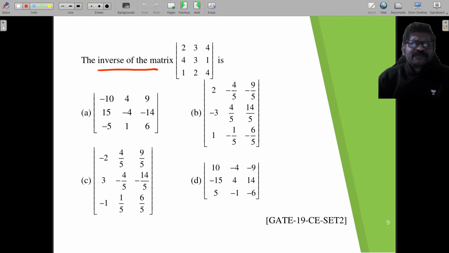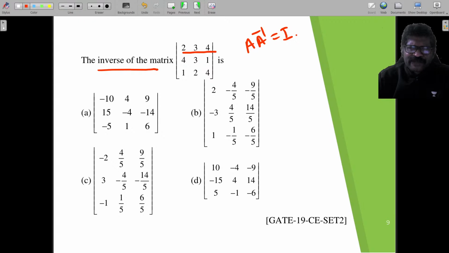Next, the inverse of the matrix 2 3 4, 4 3 1, 1 2 4 is... Whenever you are going to find inverse by adjoint A by det A, it consumes time. That's why use simple logic. A into A inverse is always I. That's why use the options.